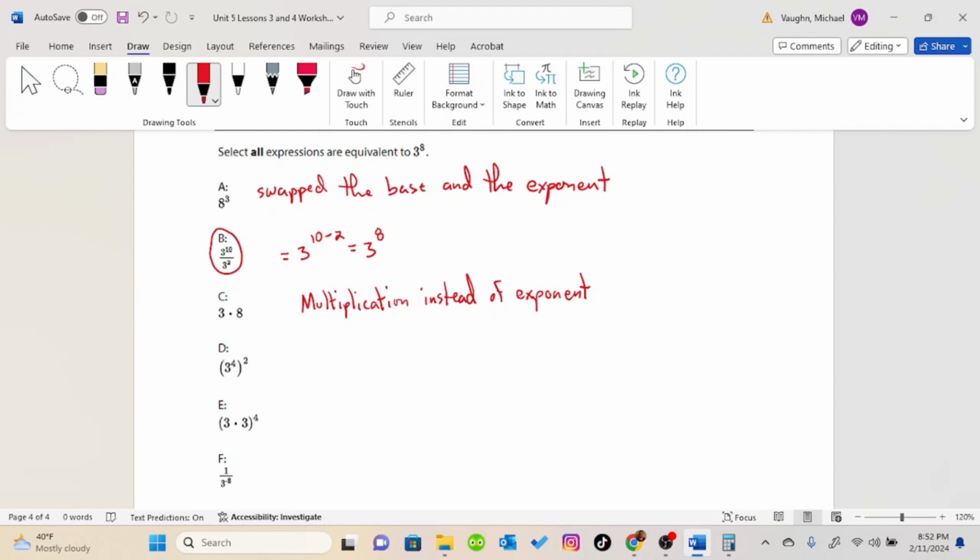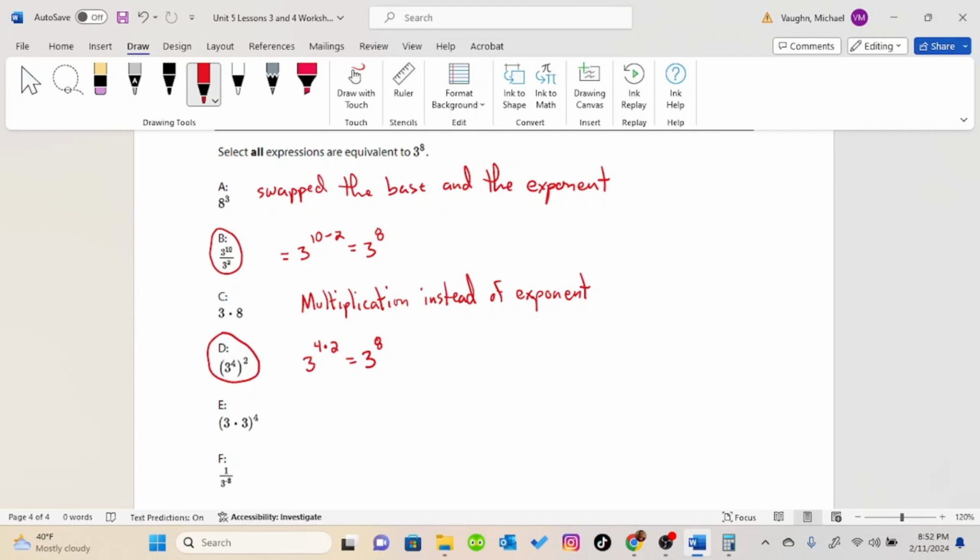D is correct because 3 to the 4th raised to the second power, if we raise an exponent to an exponent, we multiply the exponents together. So this becomes 3 to the 4 times 2, and 4 times 2 is 8. So we have 3 to the 8th power, which is what we're looking for.